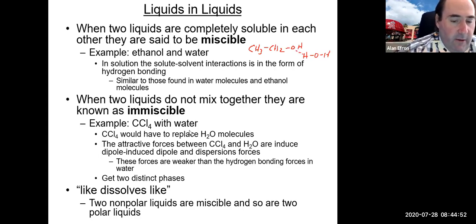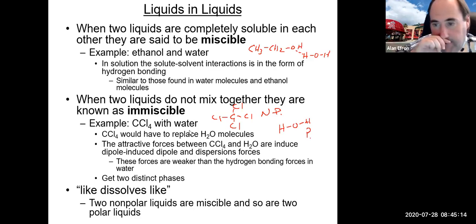We take something like carbon tetrachloride and water, they don't work really well together because if you remember, if you just quickly sketch carbon tetrachloride, it is a symmetrical geometry with everything attached the same. It is nonpolar. And when you try to put something that's nonpolar with something that is polar, like water, water is going to try to use, as we talked about with its intermolecular forces, hydrogen bonding.